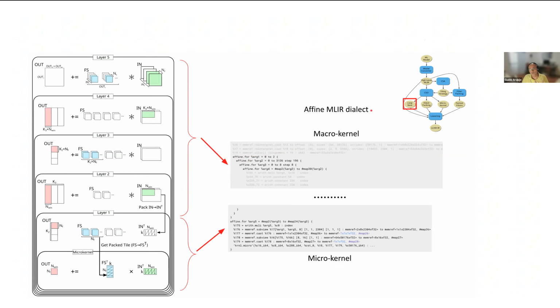We are basically using, inside our MLIR flow, the affine dialect. So for each one of these layers here, we have an equivalent affine.for to construct a loop nest, and that's the role of the CSO, convolution slice optimization.